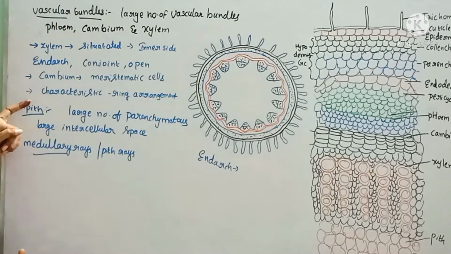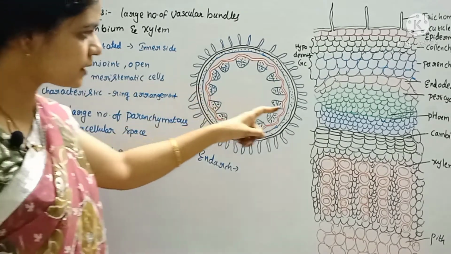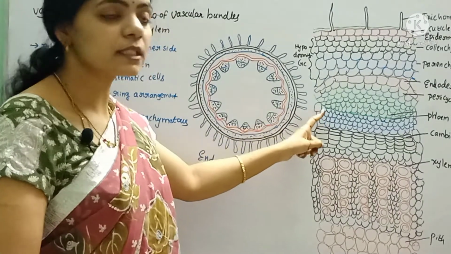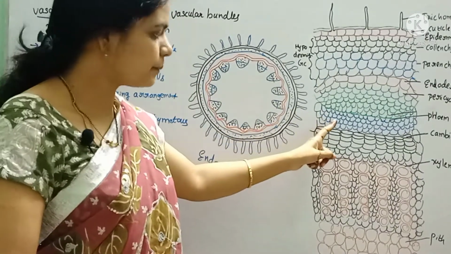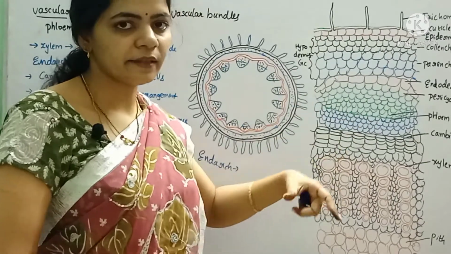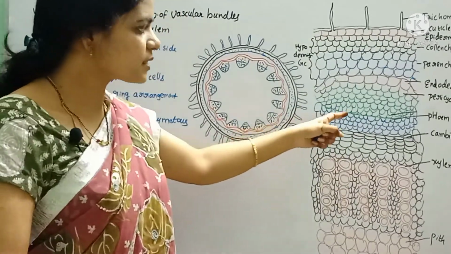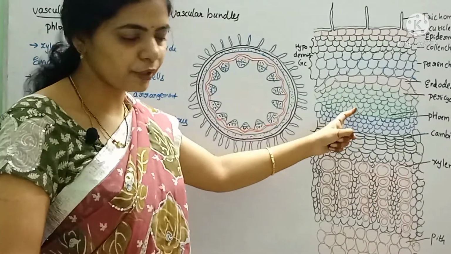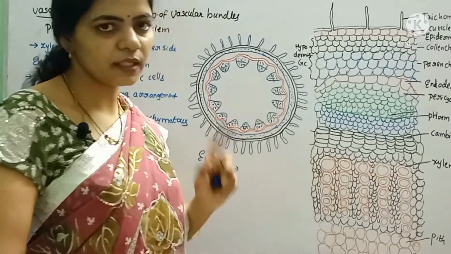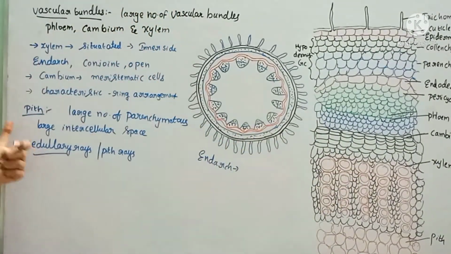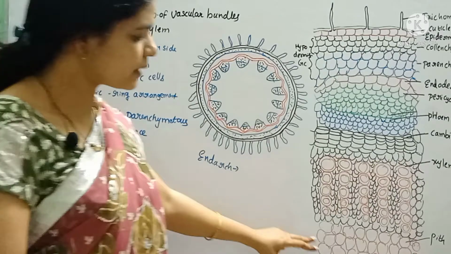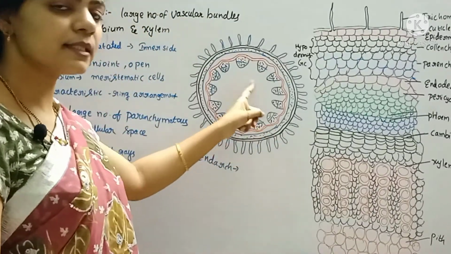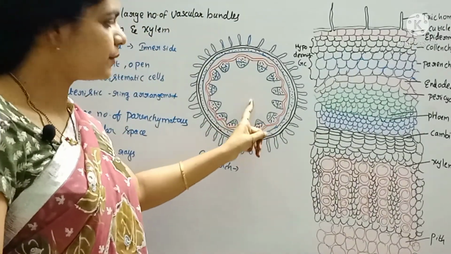And next one is pith. Here see this cambium is present, right? This cambium acts as the meristematic tissue and divides, giving rise towards the periphery to the phloem and towards the center to the xylem. And next one is the pith. So where is the pith located? At the center of the stem, there is a pith.